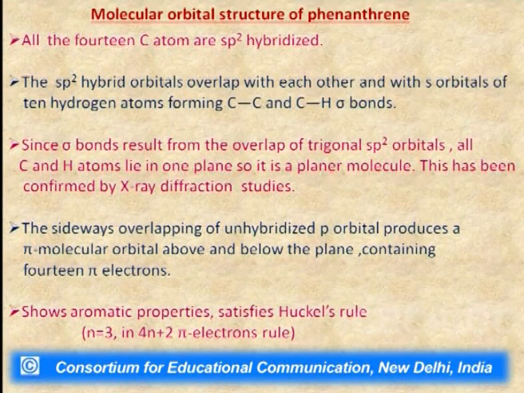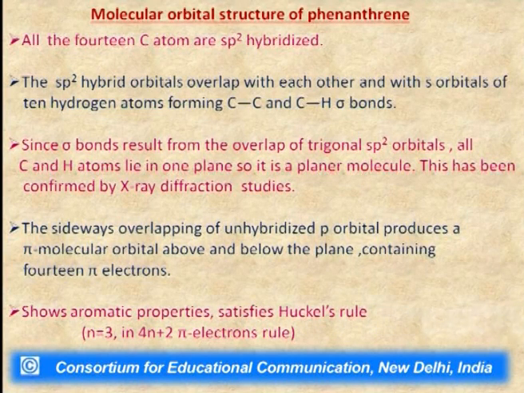Then comes the molecular orbital structure of phenanthrene. Since phenanthrene is a hydrocarbon which contains all carbons with the double bond, all carbons are sp2 hybridized, and the sp2 hybrid orbitals overlap with each other and with the s orbital of the 10 hydrogen atoms, forming carbon-carbon single bonds and carbon-hydrogen single bonds, which are called sigma bonds.